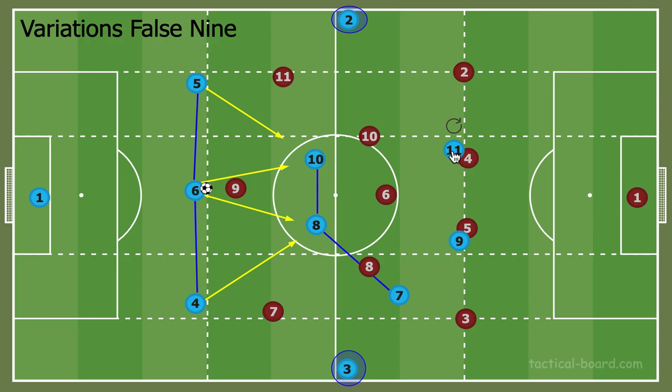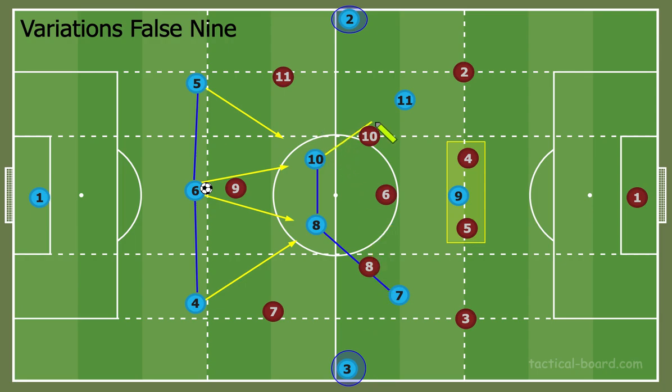So now the false 9 will actually drop deeper, and maybe our other 9 will rotate in to pin our central defenders. So now both center backs are pinned. We have our wing back wide, and now this puts some stress on the fullbacks to create decisions on who they will press.